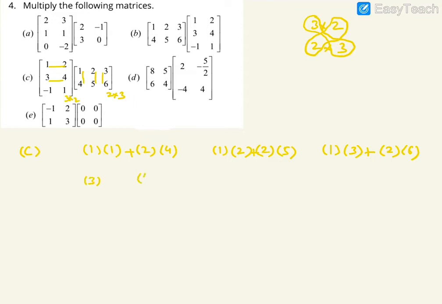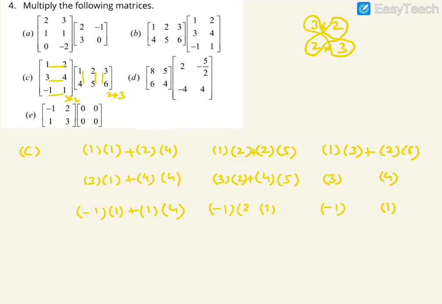The row will change only, just write the row elements 3, 4, 3, 4, 3 and 4, minus 1 and 1, minus 1 and 1, minus 1 and 1. Copy the column elements, 1 here plus 4 here, 2 here plus 5 same, here 3 plus 6 same.